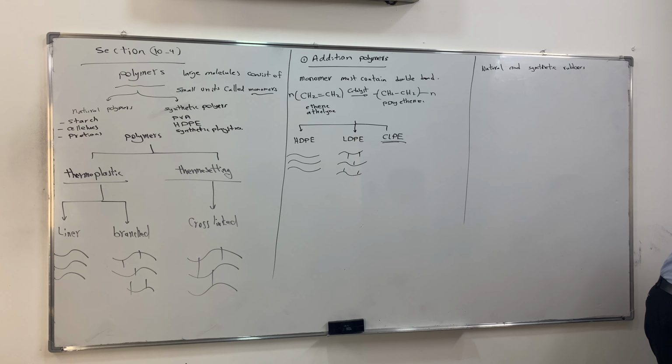Branched chain molecules are not able to cluster as closely together as in linear polymers. Thus, the density of branched chain polyethylene is less than that of linear polyethylene.